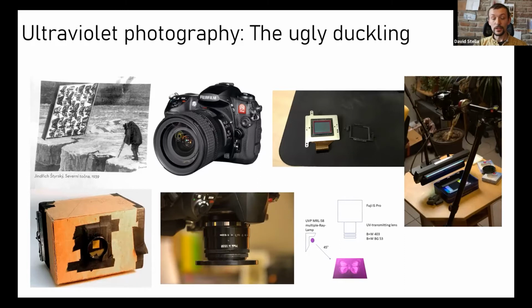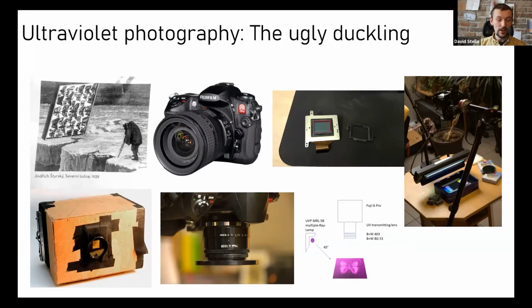Our Fuji ES Pro, which we used in previous papers and in previous research, has a sensitivity spectrum spanning from 330 nanometers to 900, which works perfectly fine for our biological objects. Furthermore, of course, the camera needs to be equipped with an uncoated UV transmitting, or much better, a quartz non-distorting lens.